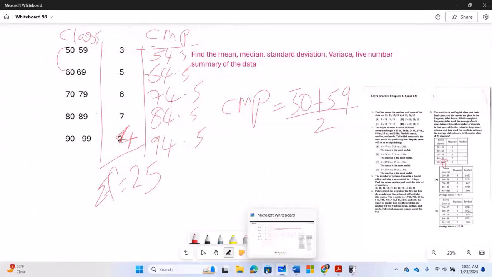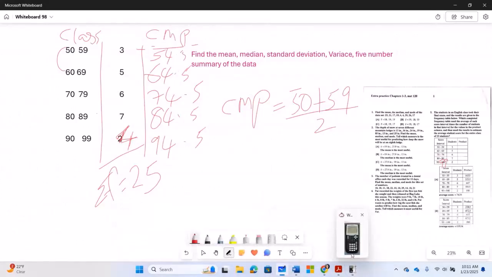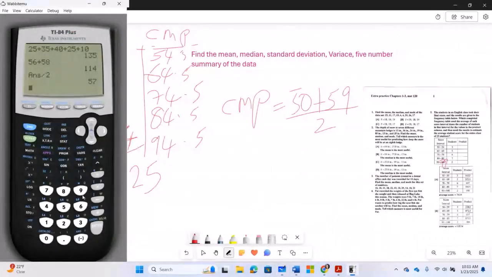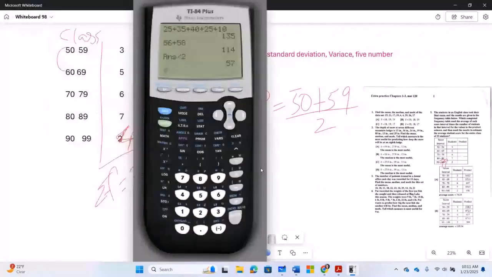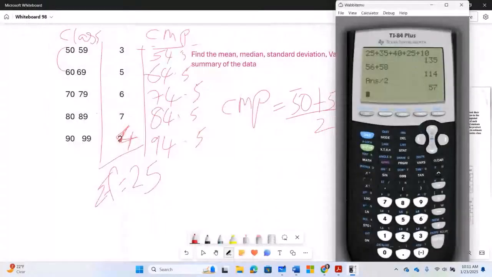So I already pulled my calculator up, and we found the class midpoint already. Remember, we said the class midpoint is the lower limit of each class plus upper limit divided by 2. Lower limit of first class plus upper limit of first class divided by 2. So that gave me 54.5.